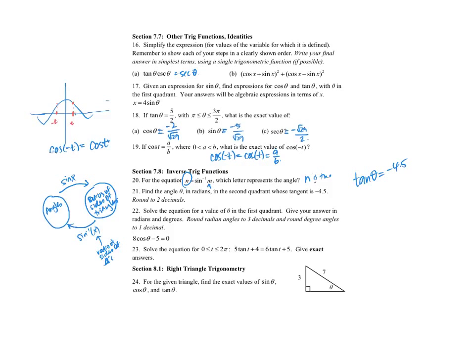And so I can do tangent inverse. So theta is equal to tangent inverse of negative 4.5. And let's see what we get. I'm just going to do my calculator. Oh, it wants it in radians, so I'll do it in radians. So we'll do tangent inverse of negative 4.5.